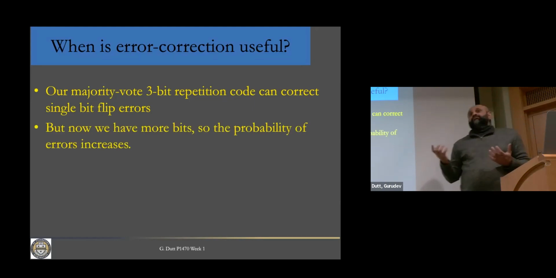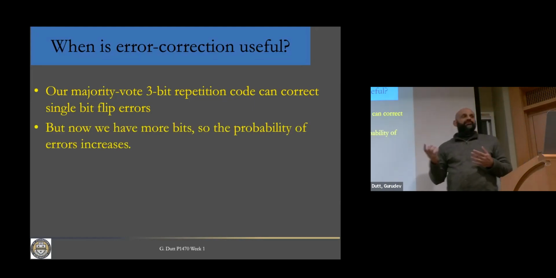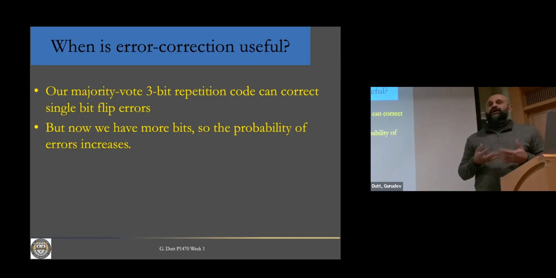But of course, now I have more bits, right? Instead of, if I wanted to transmit a 0, now I'm sending 3 zeros. Okay. So yes, my error correction code can correct the error, but the probability of errors increases. Right? So my probability of errors is now higher because I have 3 bits to transmit. Okay.